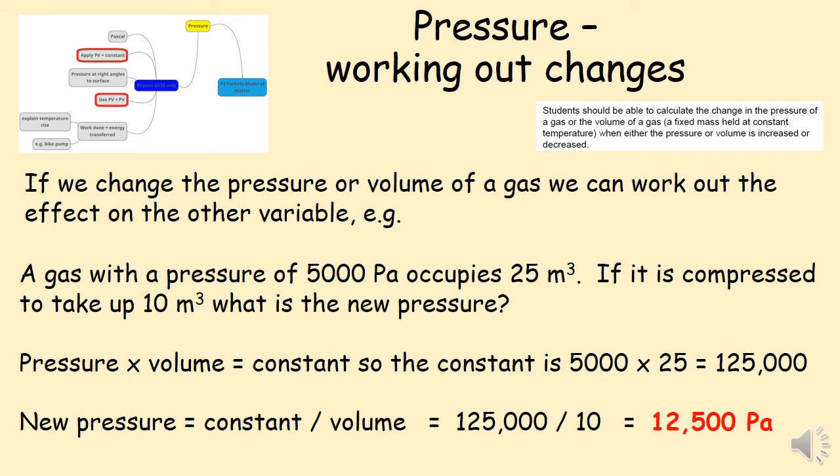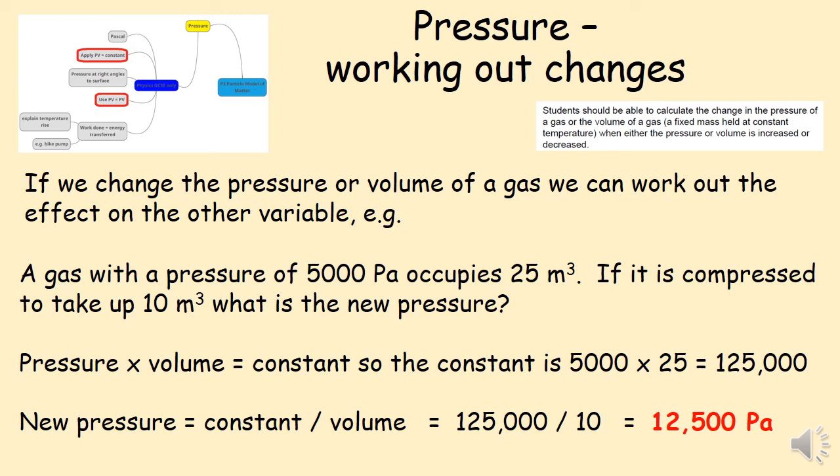Now you might have thought that pressure times the volume is a constant is a really easy equation. You know, it can't be a difficult question. Well, the sort of question you're going to get is given here. You should be able to calculate the change in the pressure of a gas or the volume of a gas when either the pressure or the volume is increased or decreased.